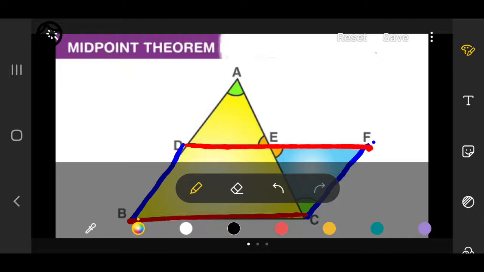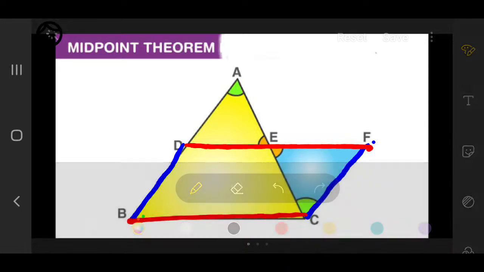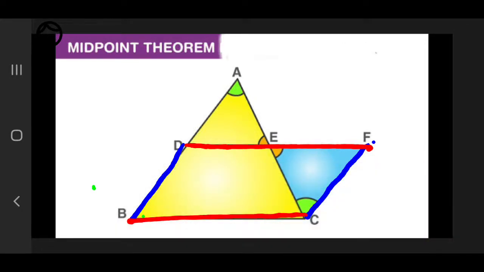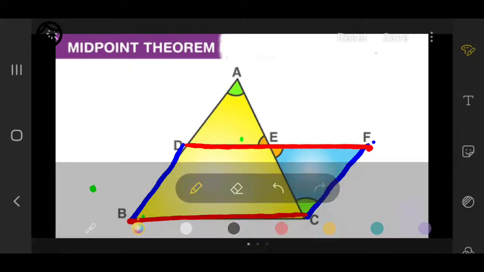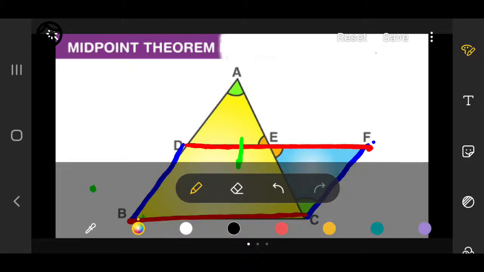Actually, we have to prove DE is parallel to BC. What about this quadrilateral DFCB? Is it a parallelogram? If DFCB is a parallelogram, it is very clear that DF is parallel to BC.